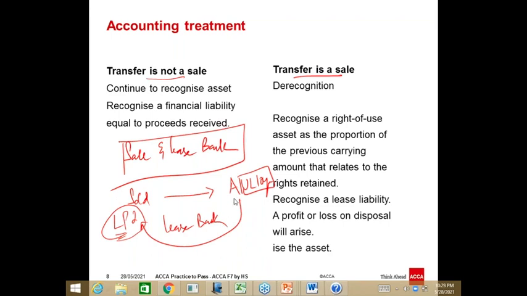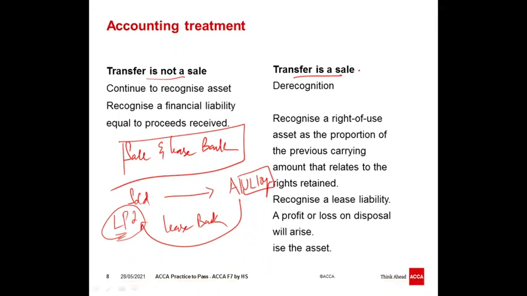The transfer is a sale because we have sold this asset to A. So who will ultimately use the asset for a longer period? Is it us or is it A?